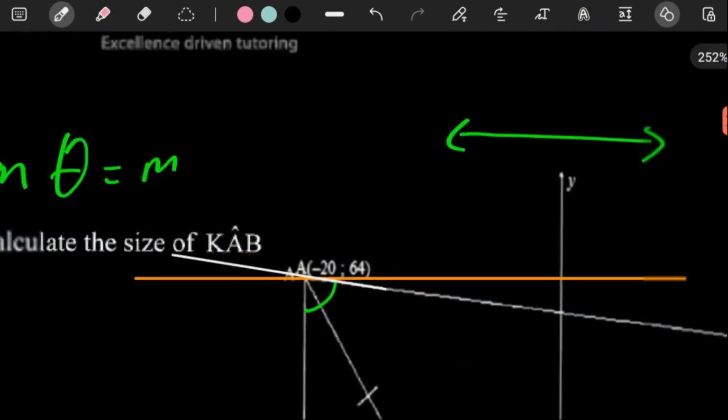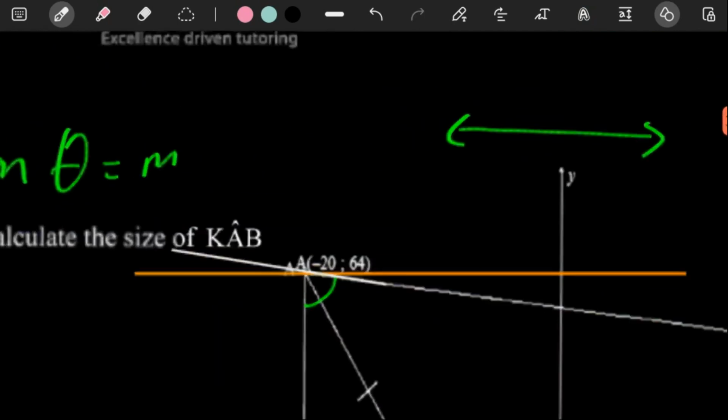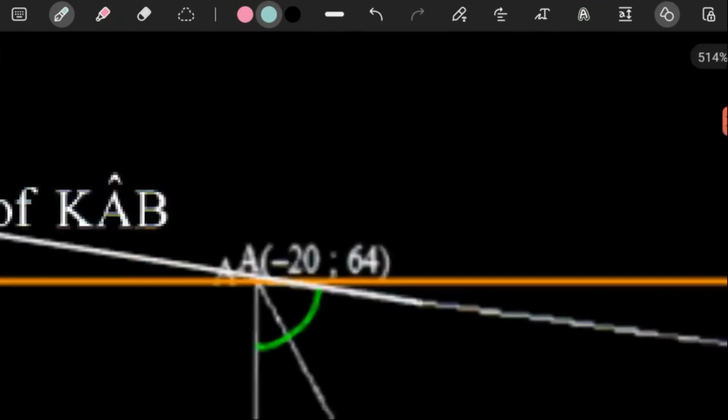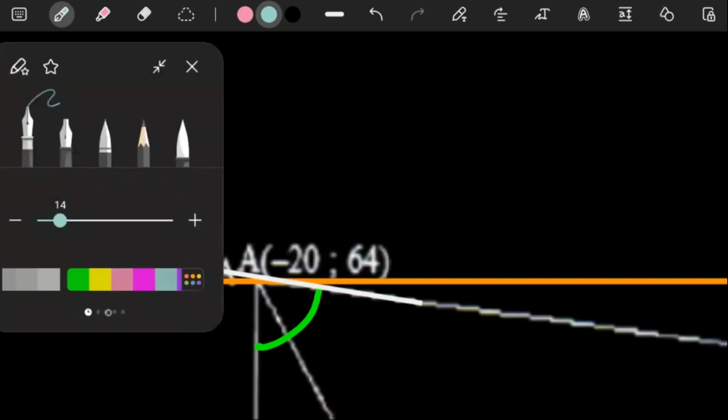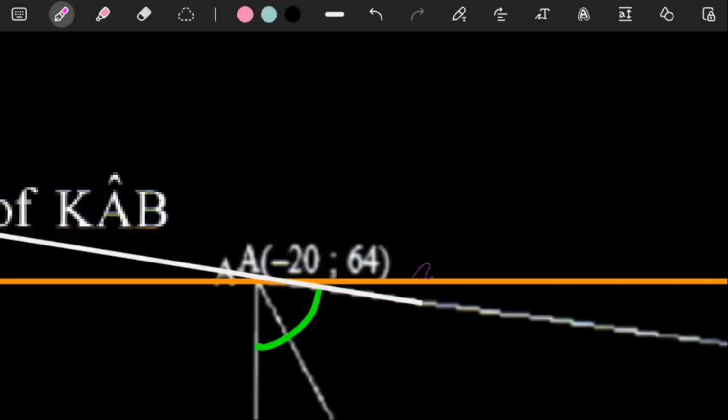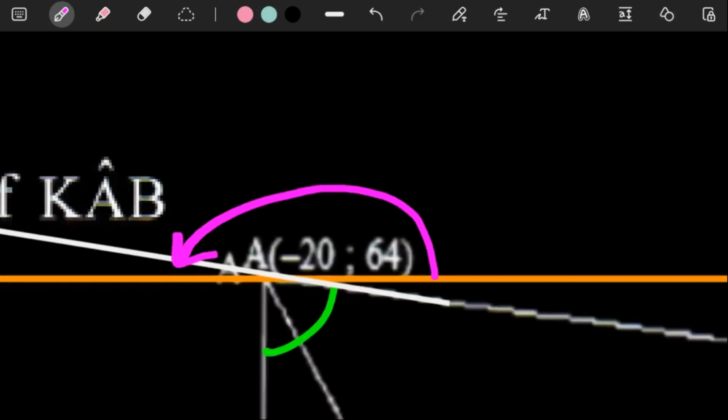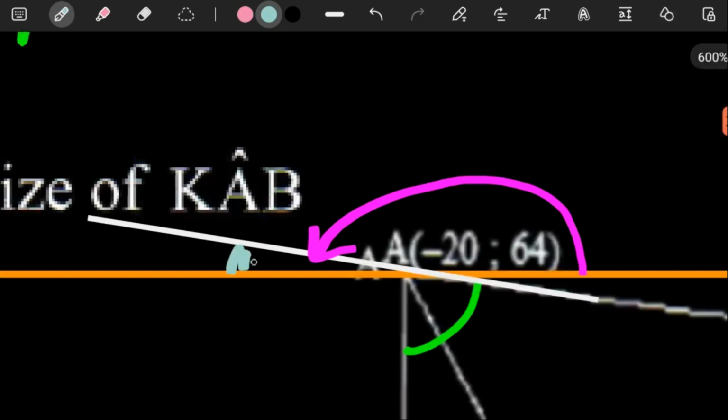So the idea is, if line AB is extended like this, all you need is its angle of inclination. You can work out that whole angle, or you can just get this portion here. It doesn't matter. Your angle of inclination formula gives you the acute angle, and to get the other one you remove it from 180.